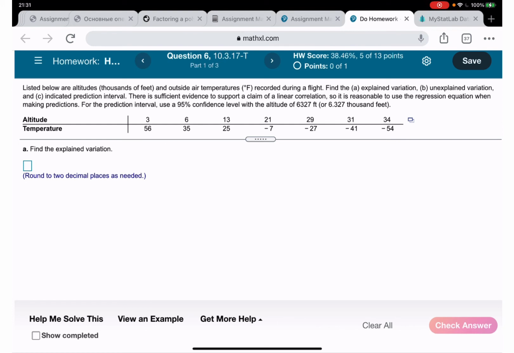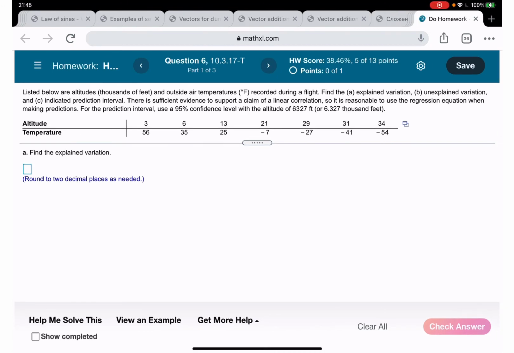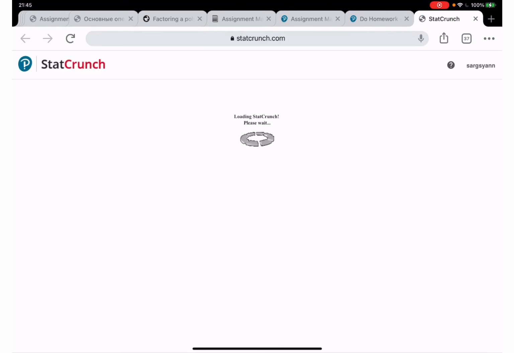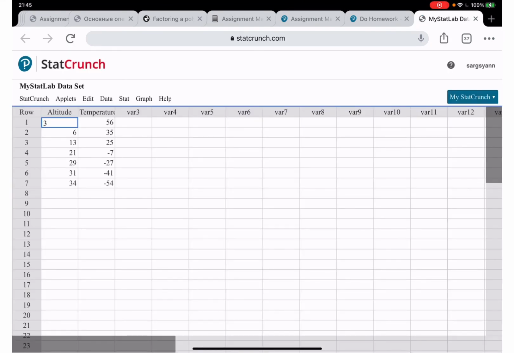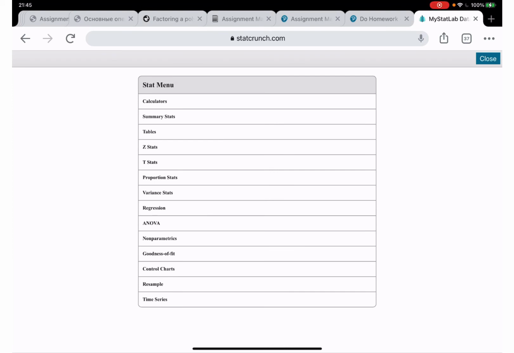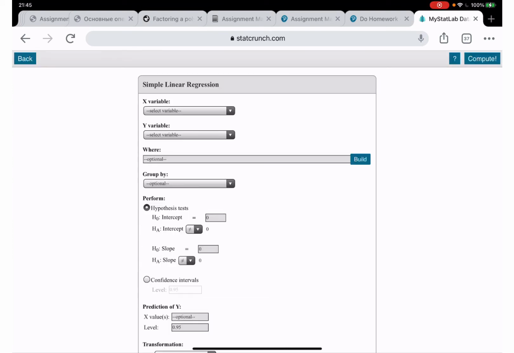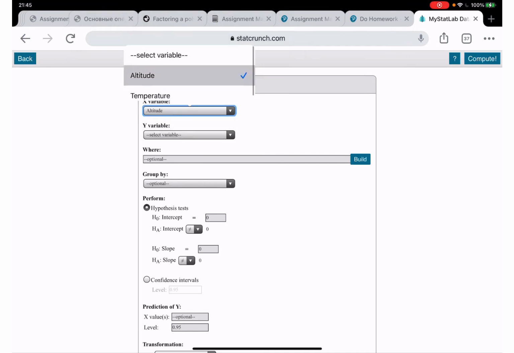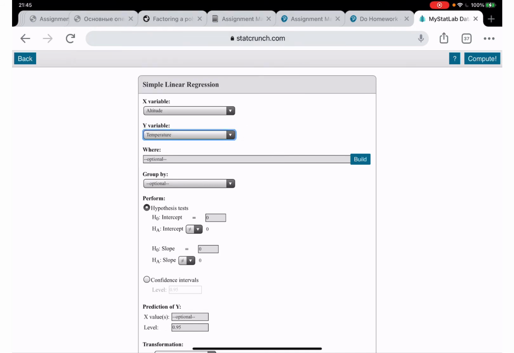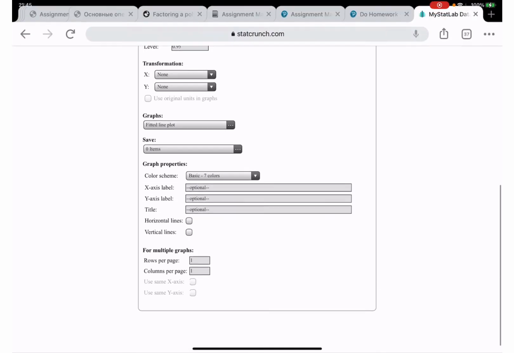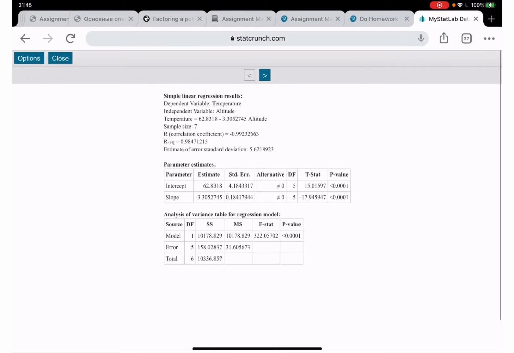Question number 6. So we are going to find explained variation in this case. So we are going to StatCrunch. Stat, Regression, Simple Linear. Fill out this, and compute.